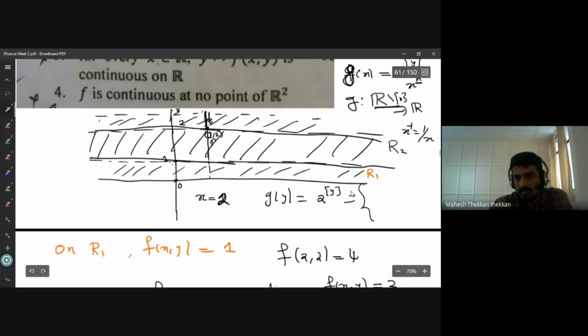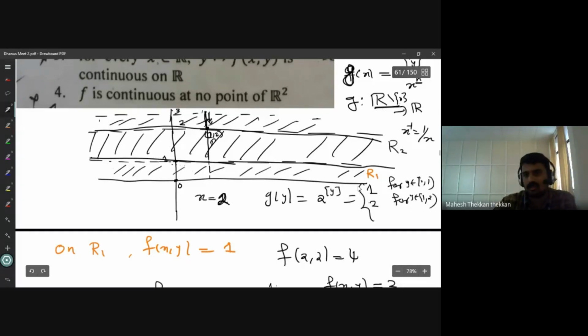This is 1 for y belongs to closed 0 to open 1, and this will be 2 for y belongs to closed 1 to open 2, and so on, right?